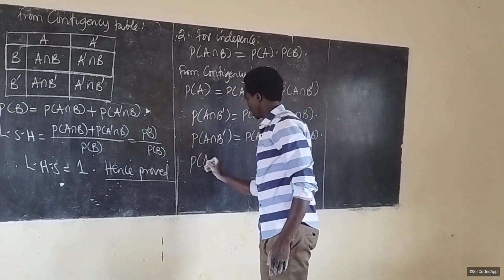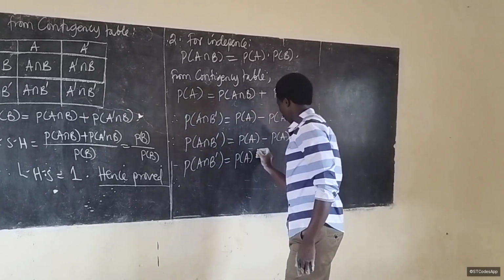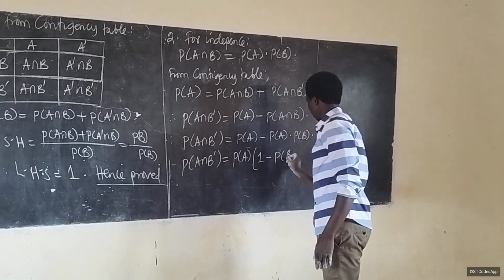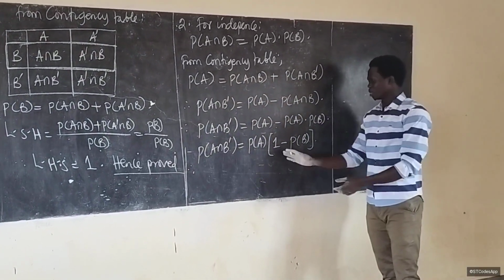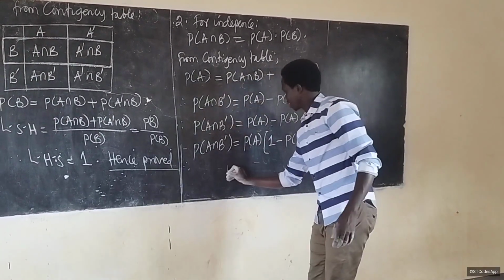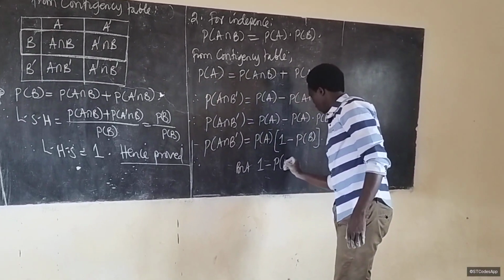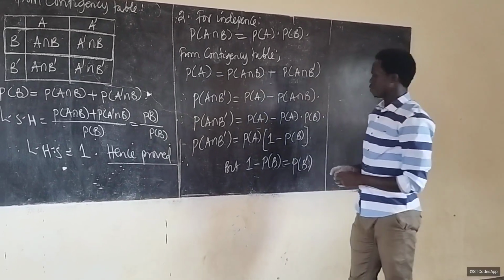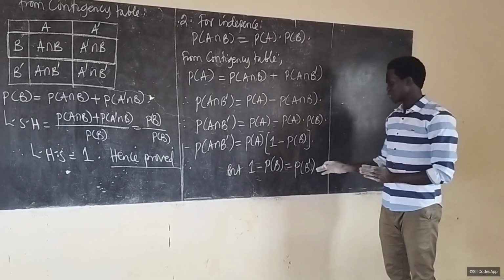So probability of A intersecting B prime is equal to probability of A, and then inside I remain with 1 minus probability of B. But we know that 1 minus probability of B is equal to probability of B prime, from the fact that probability of B plus probability of B prime is equal to 1.